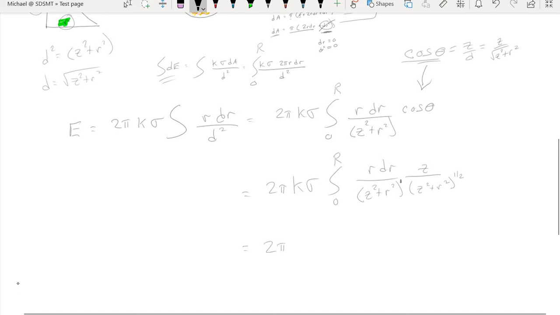And so now we have 2 pi k sigma, 0 to big R, r dr with a z, which is actually a constant. So I'm going to pull that out to the front. So it doesn't really need to be in there anymore. And then everything in the denominator can be combined into a single term of z squared plus r squared to the 3/2 power.